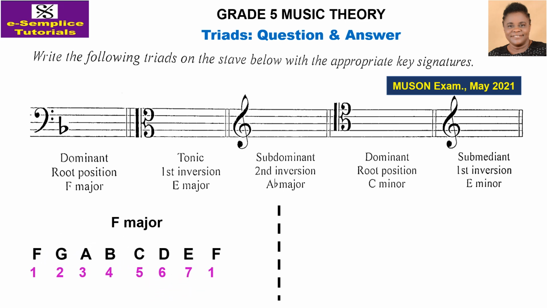These are the notes in F major. But first, add the natural accidental in F major, and that is B flat. We are to write a dominant triad, and dominant means at the root will be the 5th degree.